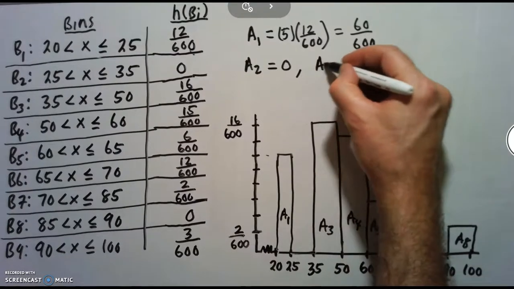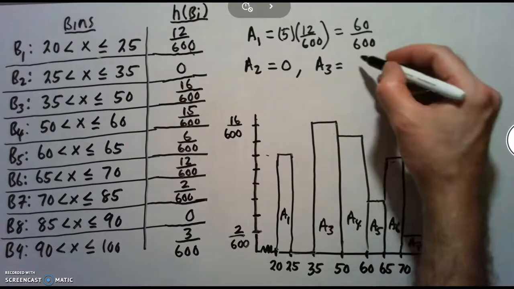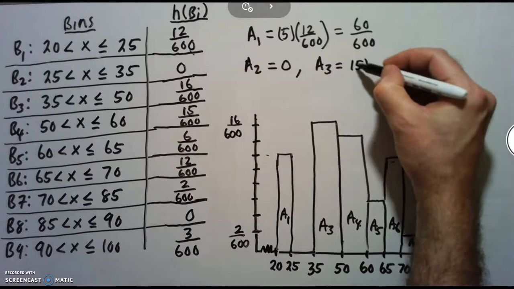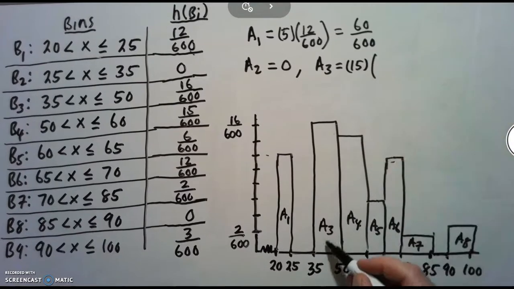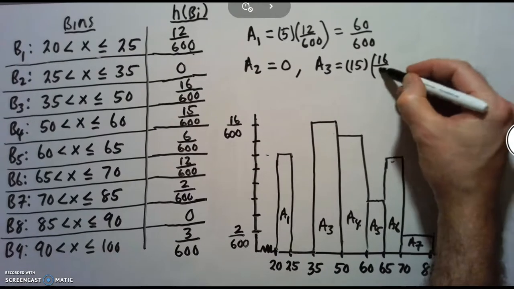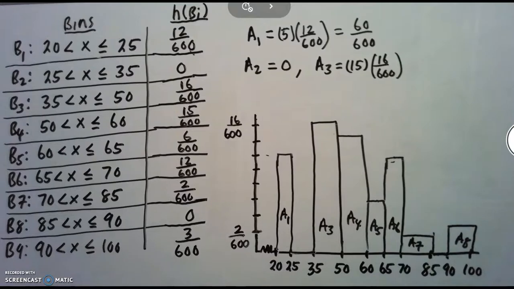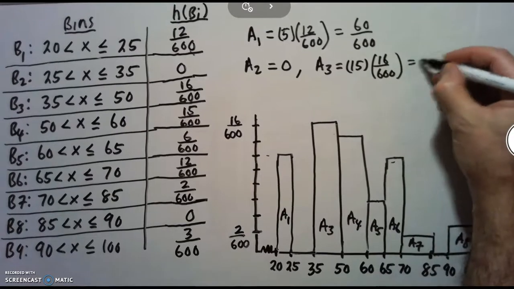A3 would be, so the length here would be 50 minus 35, so it would be 15 times the height of this one here would be 16 over 600. And that's 15 times 16 is 240 over 600.